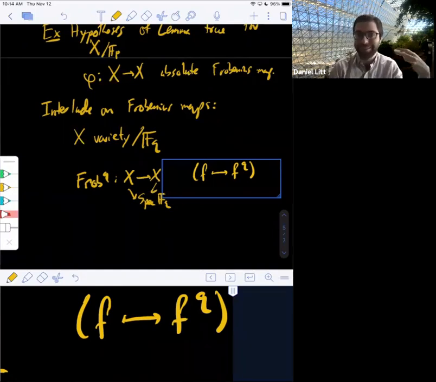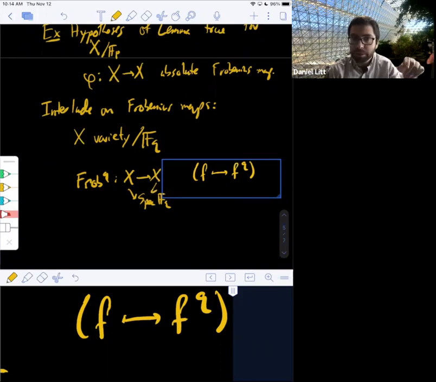What it means is that it's a map which maps any F_q scheme to itself, and it commutes with any two morphisms between F_q schemes. So it's a universally commutative map. It's extremely special. Its fixed points are the F_q points of X, but this is not a map of varieties over an algebraically closed field. So we can't actually apply the Lefschetz fixed point formula to it.